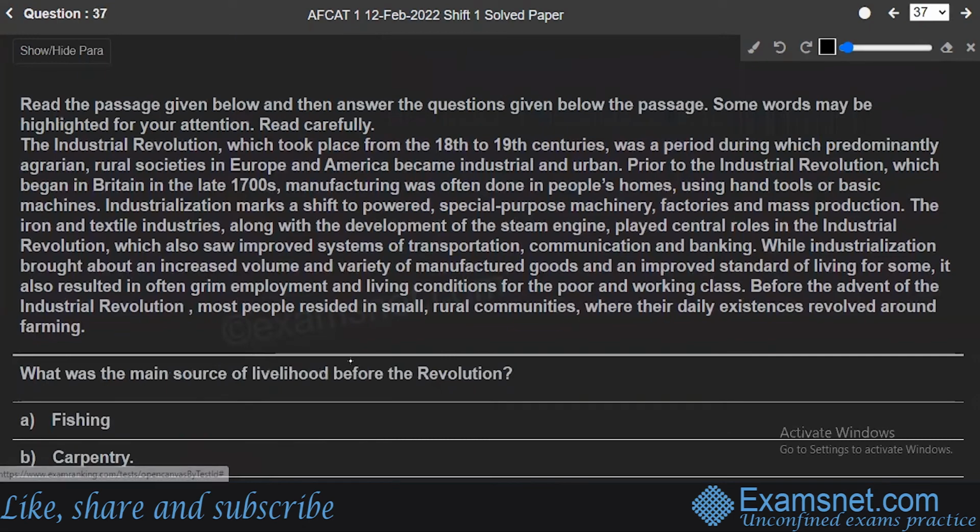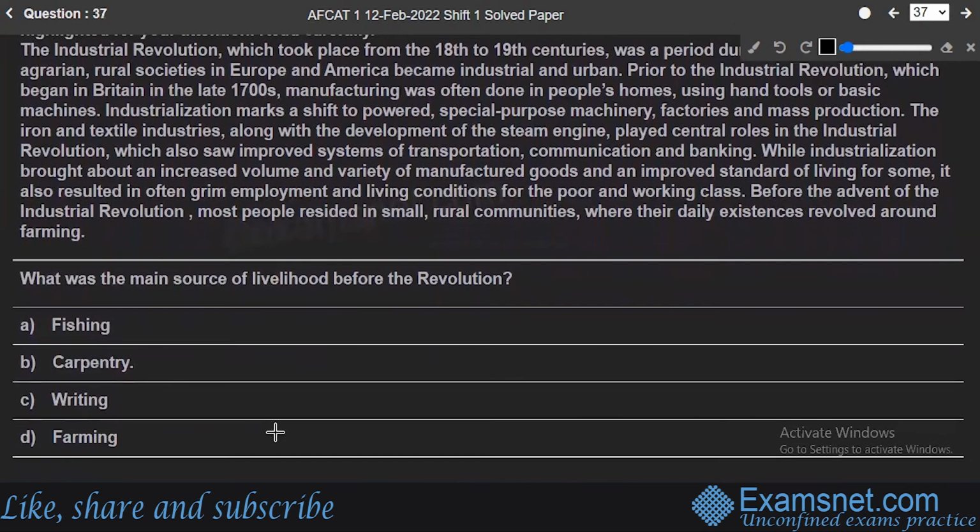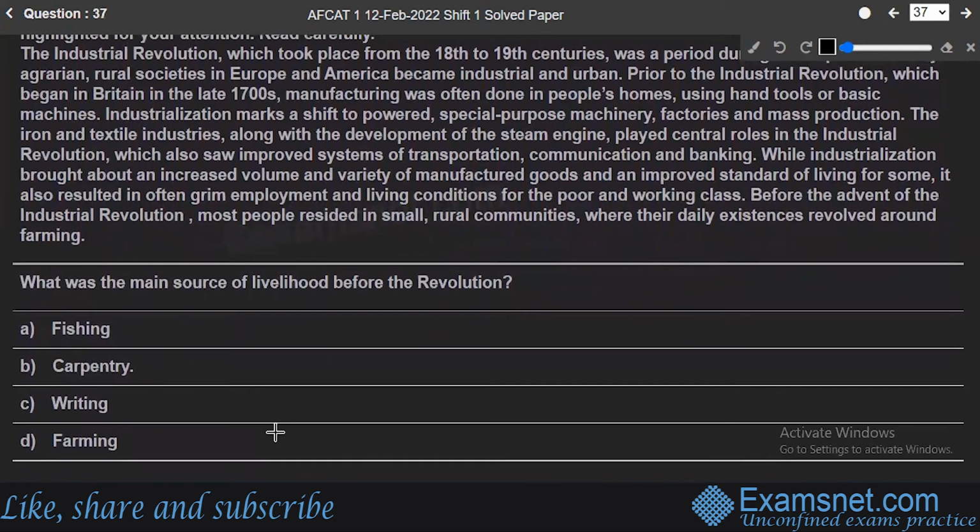Next is question number 37. What was the main source of livelihood before the revolution? It is mentioned in the above paragraph that people mainly resided in the rural areas, and the main source of livelihood was farming.